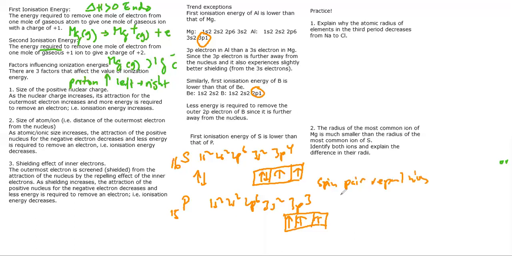Spin pair repulsion means the electrons repel each other, so it is less tightly bonded to the nucleus, then it requires less energy to separate them. So it will have a lower ionisation energy.